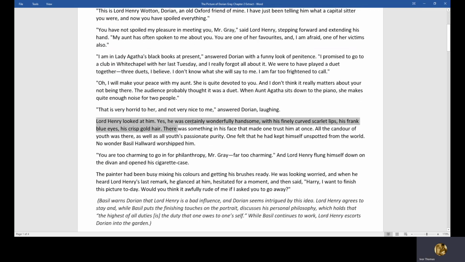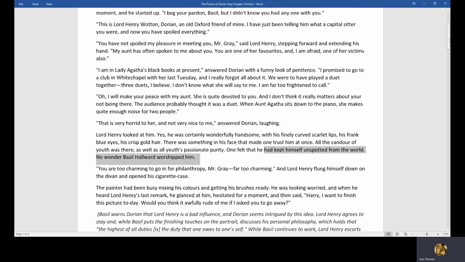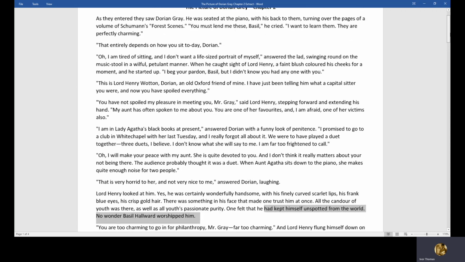Yes, Lord Henry looked at Dorian. He was wonderfully handsome. He had curved scarlet lips, and he kept himself unspotted from the world, if you like. He has that innocence, as pure as the driven snow. He's without sin, so it's reflected in his face.